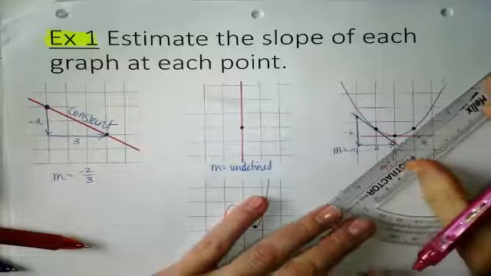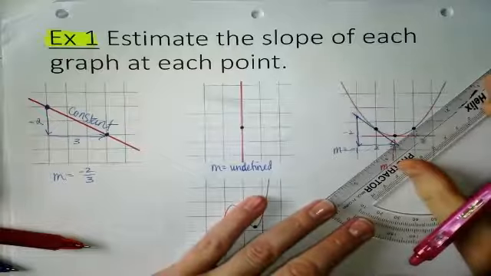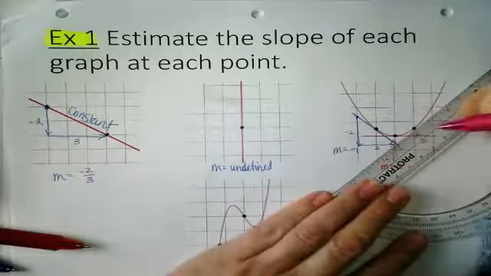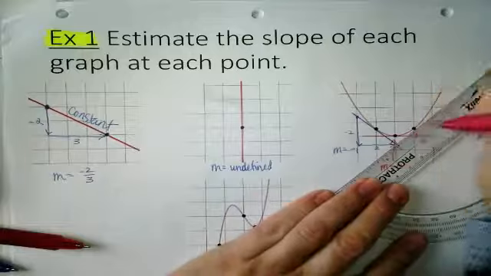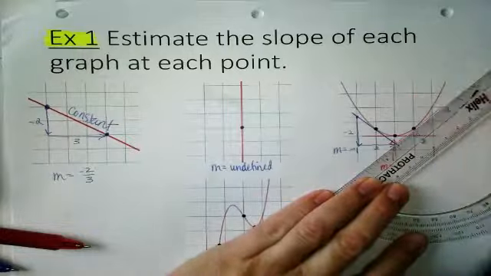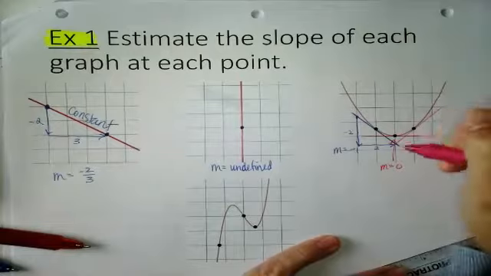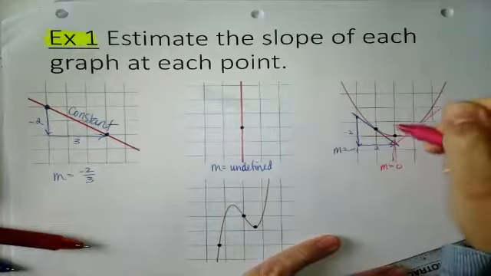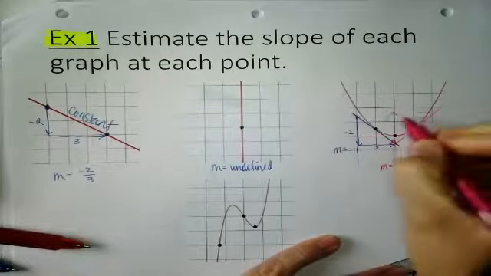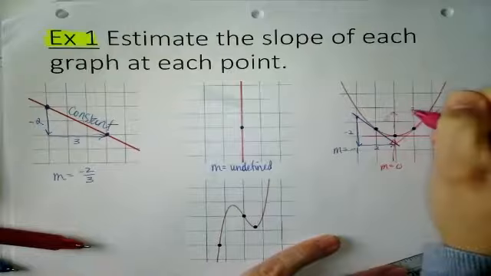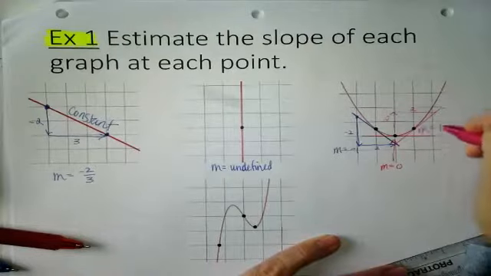And then here, again, on the other side, I can sort of sketch in a line, and it looks like I would have to go, say, up 1, up 2, and then over 1, over 2. So again, this looks like it might be a slope of 1.